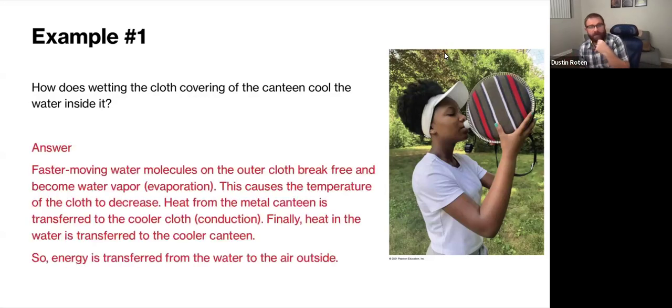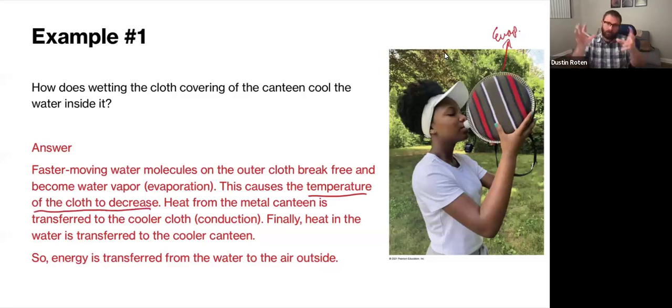Now, it turns out that if this cloth is wet, the faster moving water molecules on the outer cloth will eventually break free and become water vapor. Okay, so we'll have evaporation coming off the cloth, cooling the cloth down, right? So the temperature of the cloth will decrease.